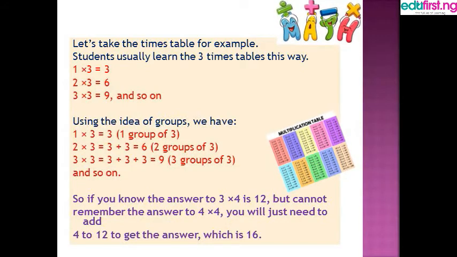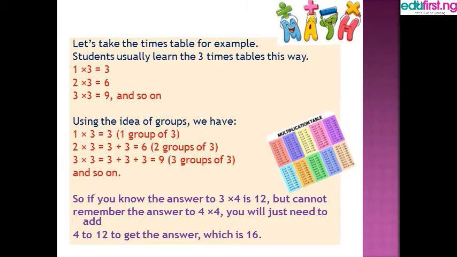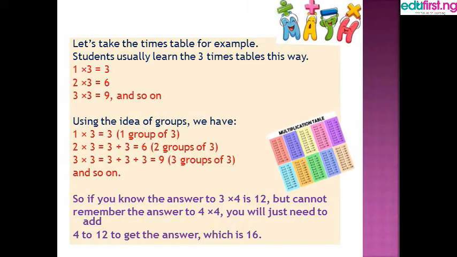Next, 3 times 3, it means that 3 will have to appear thrice, which is 3 plus 3 plus 3 equals 9. This is 3 groups of 3, and so on.